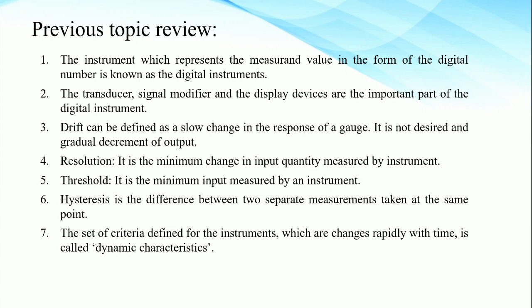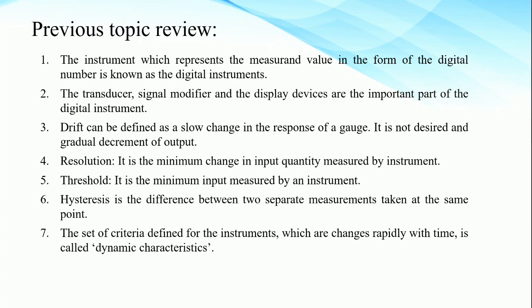Later on we'll produce another video where we'll discuss all about the transducer, signal modifier and display device. These are the basic parts of any kind of digital instrument that you all need to know.